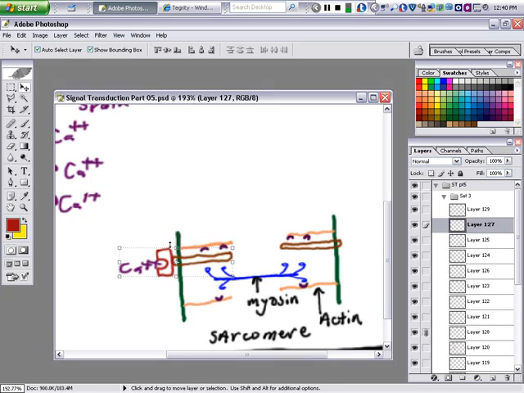When the left ventricle contracts, we call that systole. And when the left ventricle relaxes, we call that diastole. And so you have a systolic blood pressure when your ventricles are contracting, and then when they're relaxing, we call that diastolic blood pressure.